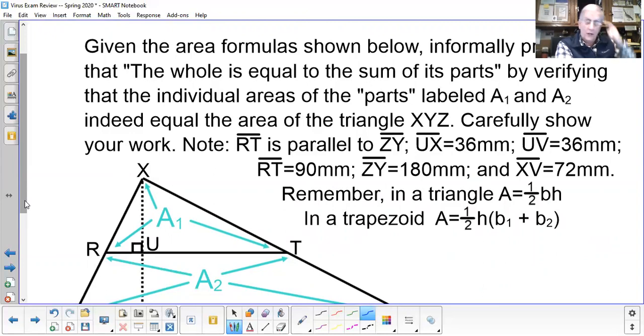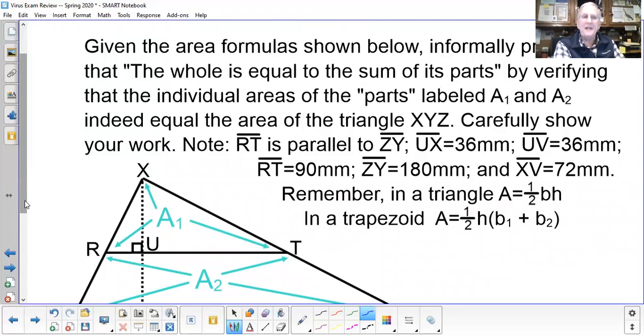Carefully show your work. I gave you a whole bunch of information about this figure. RT is parallel to ZY. UX is equal to 36 millimeters. UV is equal to 36 millimeters, and so forth. You can read them there. And remember, the formulas for a triangle and a trapezoid are given here for you to use.